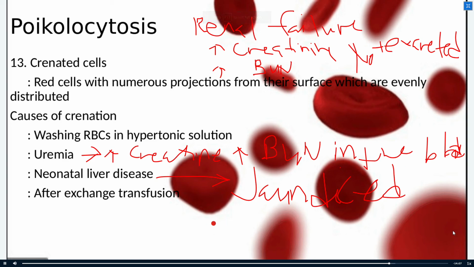Naturo na ba sa inyo yan, class? What is increased if the newborn or the person is jaundice? Which type of bilirubin? Alam niyo ba yung dalawang klase ng bilirubin, class?